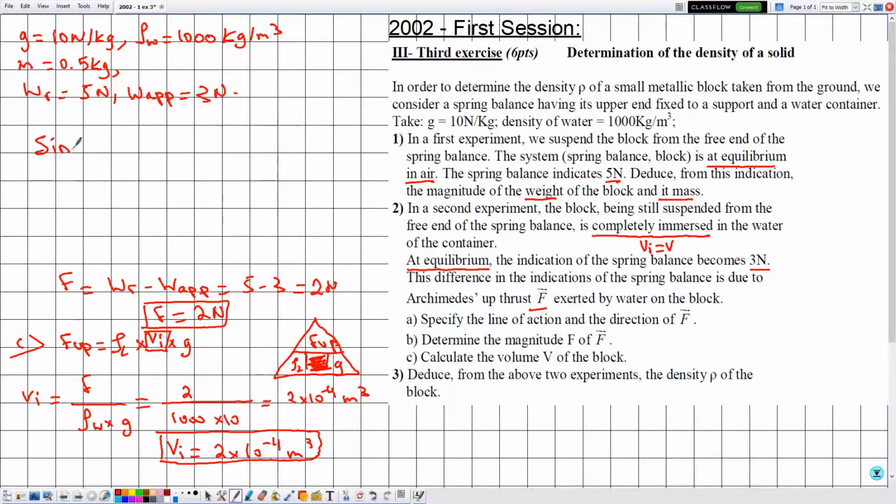Since the metallic block is completely immersed in the liquid, in this case the liquid is represented by water, then we have the total volume of the block, which is denoted by V, is equal to the immersed volume, which is given by 2 times 10 to the power minus 4 meter cube. So the volume V is given by 2 times 10 to the power minus 4 meter cube.